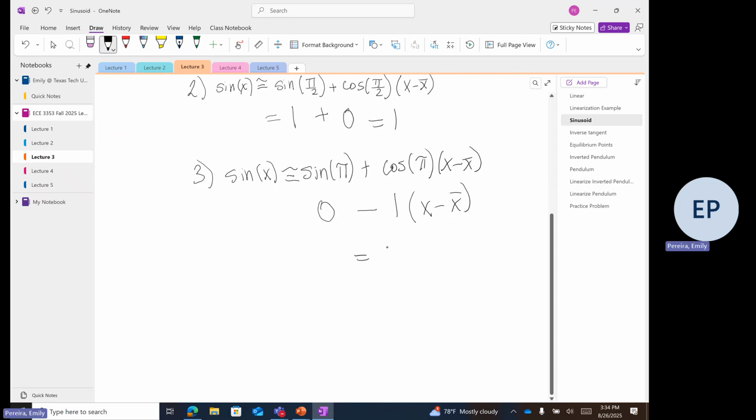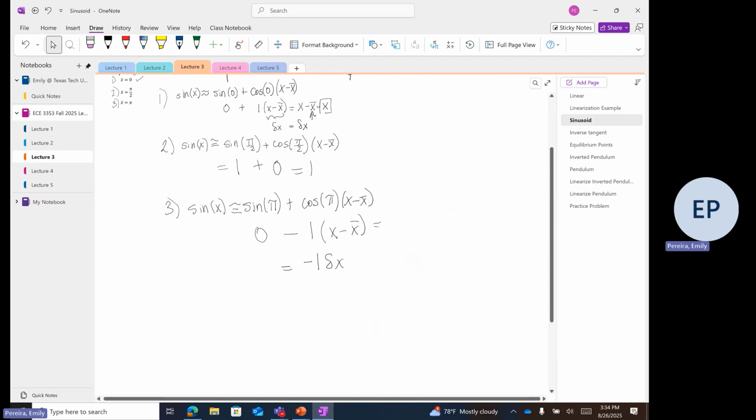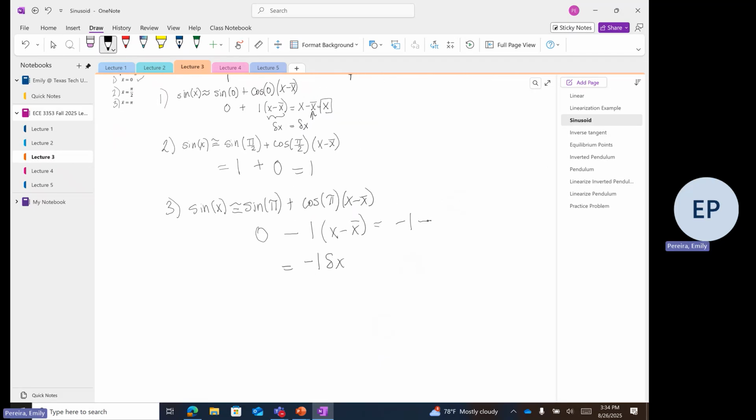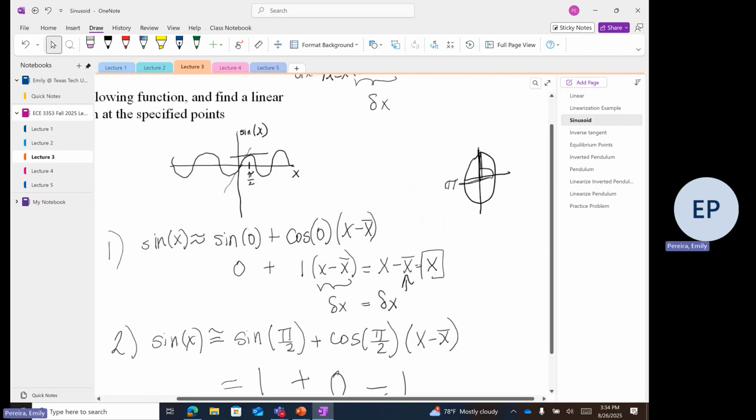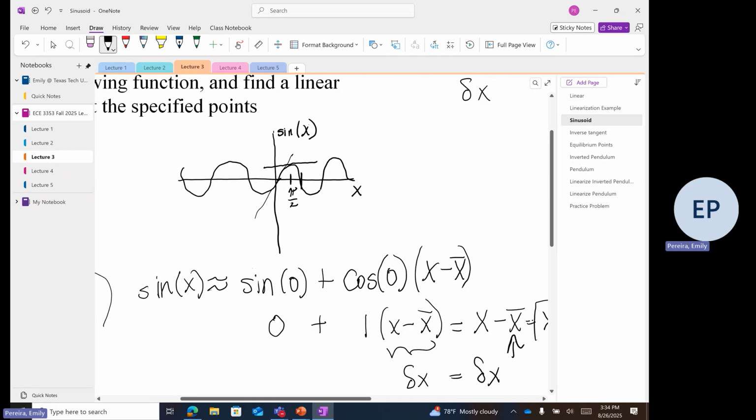So this is equal to negative 1 delta x, or if you plug in for x bar, negative 1 times negative x plus pi, right? If we look at where pi is, that's right here, and we approximate a line at pi like this, you see that this is negative x, because it has a negative slope, plus pi. So it intersects the y-axis at pi.